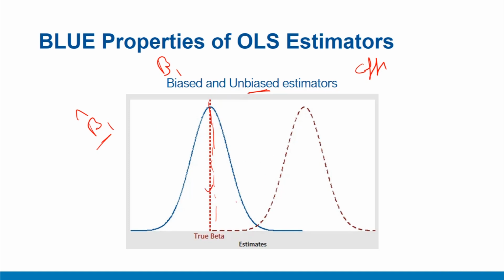However, if the expected value is different, for example this curve, where the distribution of the coefficient has an expected value somewhere here, which is different from the true beta, then this is a biased estimator. In contrast, the blue one is called unbiased because its expected value is somewhere around the true beta, and such estimators are often called unbiased estimators.